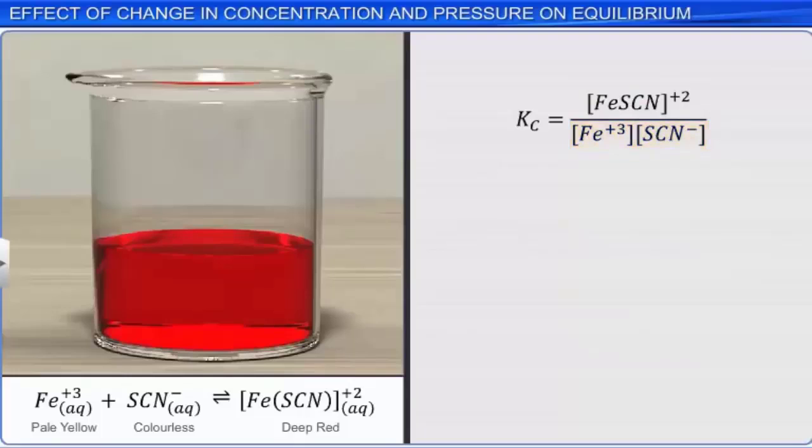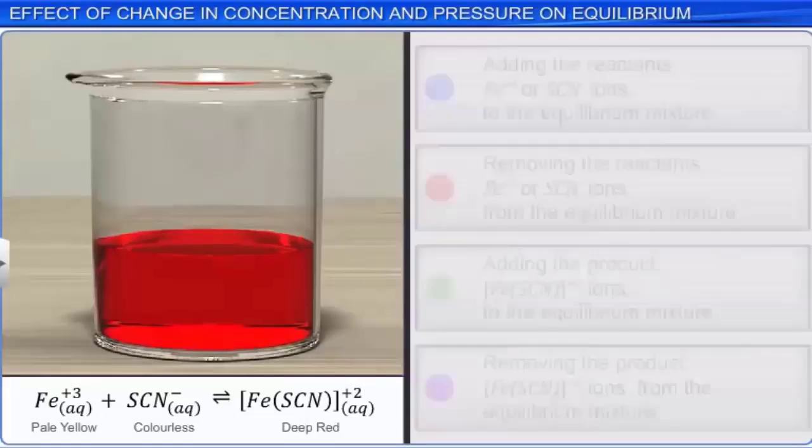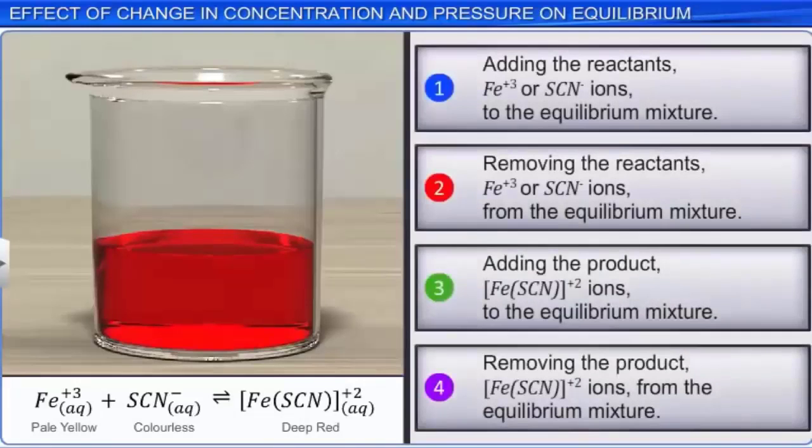You have already learned that at equilibrium, reaction quotient Qc becomes equal to equilibrium constant Kc. Hence, you can write Qc = Kc at equilibrium. To understand the effect of change in concentration on equilibrium, let us consider some cases. Adding the reactants Fe+3 or SCN- ions to the equilibrium mixture.